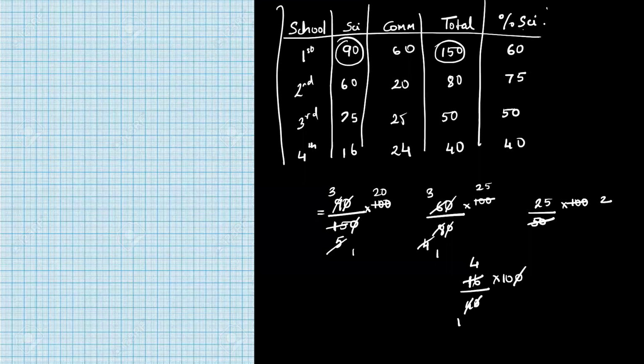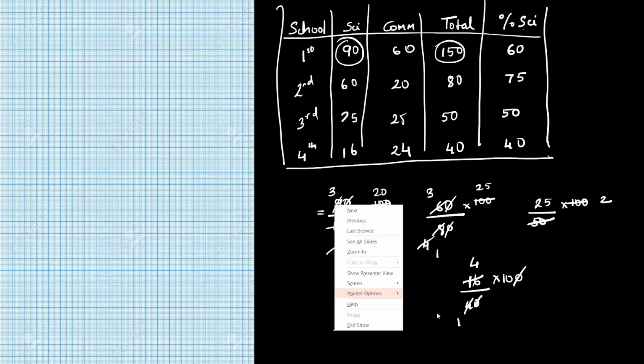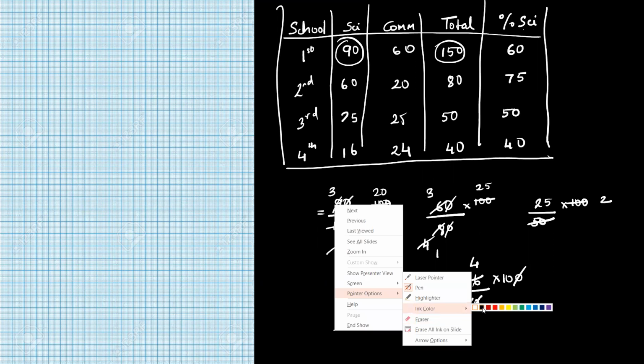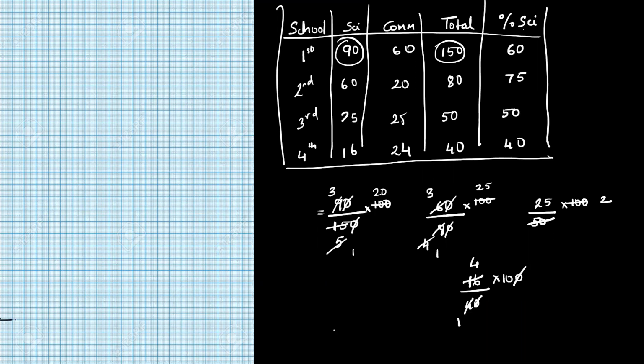Make sure to draw the table properly and neatly. Okay, now when I come to drawing the bar, it is very similar to what we were doing in the previous one. So again, here I'll draw the x-axis.